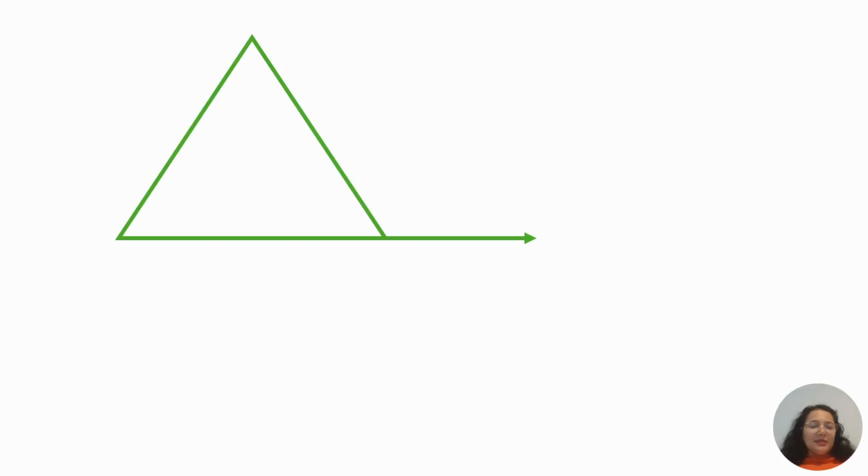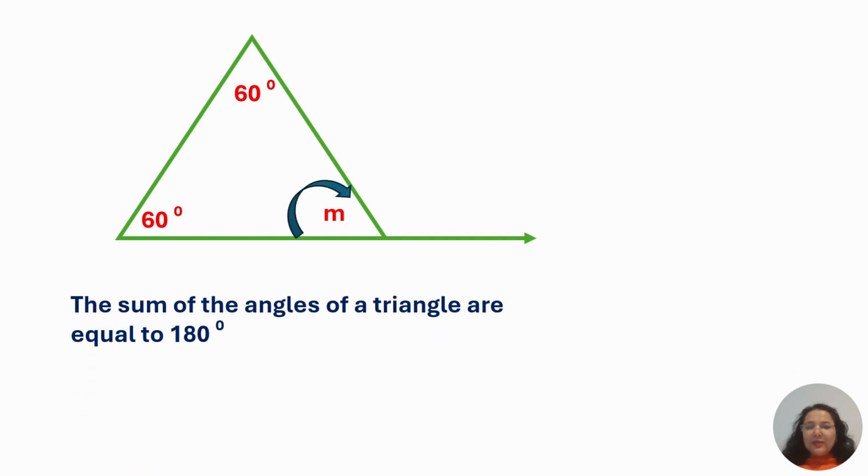Now let's look at this. We're looking at our triangle. Our one side is 60 degrees, the other side is 60 degrees. Now they want you to calculate angle M. So what do you need to know? The first thing that you need to know is the properties of a triangle. Now, the property of a triangle is that the sum of all the angles of a triangle is equal to 180 degrees.